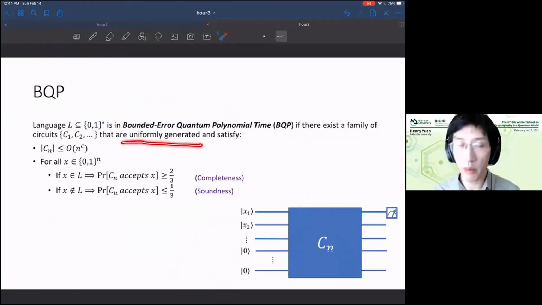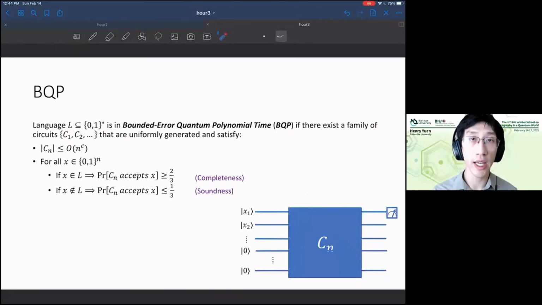This family has to be uniformly generated, meaning that there's a classical Turing machine that you plug in the input length n, and then it will efficiently spit out the description of the nth circuit in this family, C sub n. And the size of this circuit has to be polynomial. Okay, and we have the usual soundness and completeness conditions.